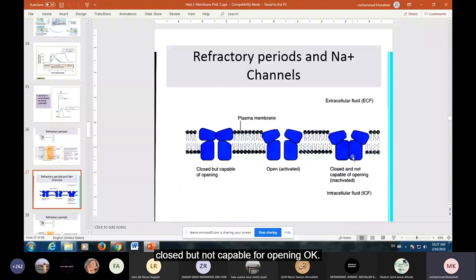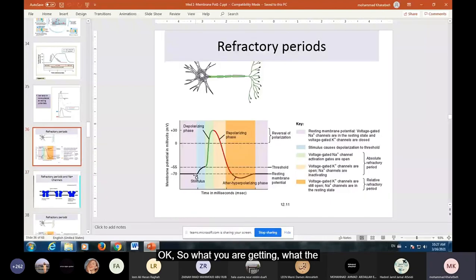Now, once you have reached the threshold here, what state of sodium channels are you getting? Opened.